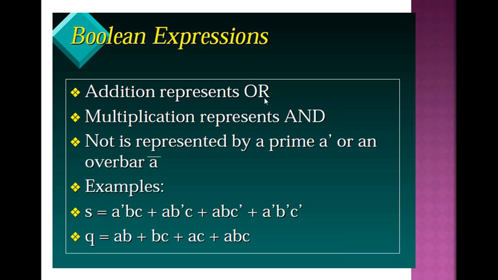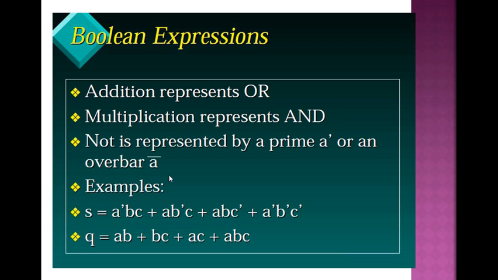This says addition represents OR, as I told you. Multiplication represents AND, as I told you. NOT is represented by prime, A dash, this is a complement, or an over bar, that is A bar. So I can denote NOT by either A prime or A bar.